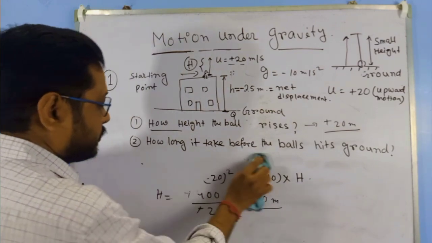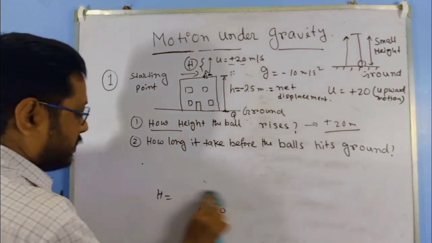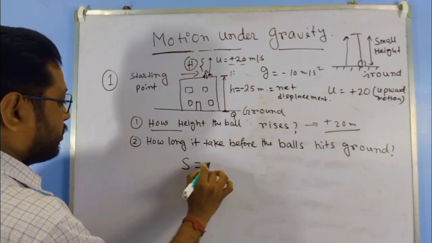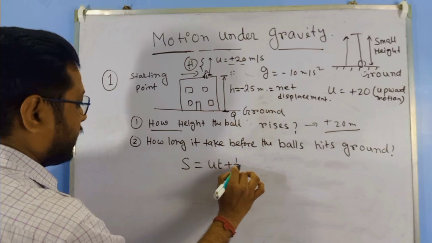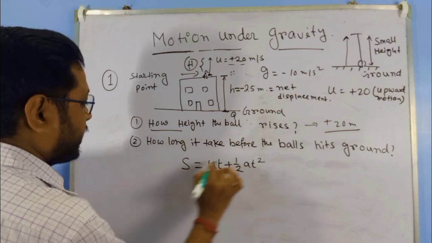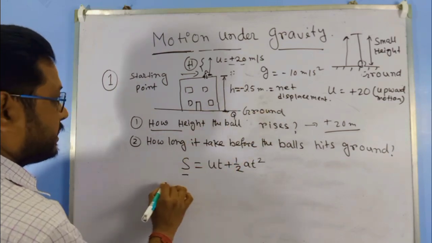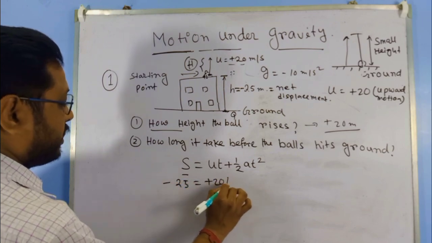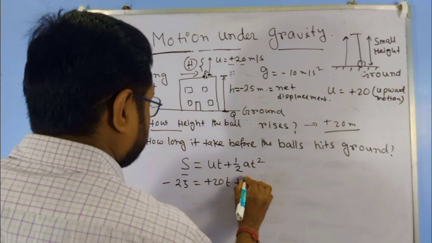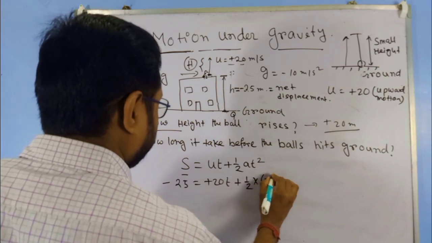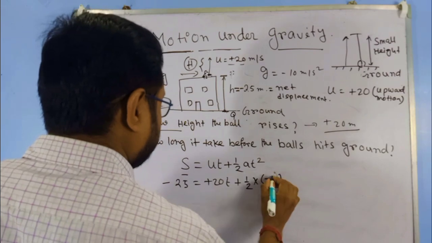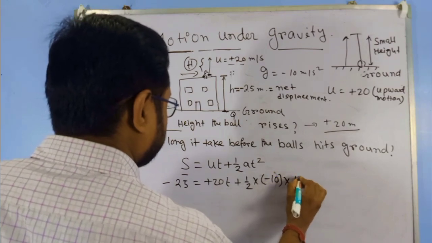We know that s equal to ut plus half at square, but here s equal to minus h, that is minus 25 equal to plus 20 into t plus half into minus g, that is minus 10, into t square.